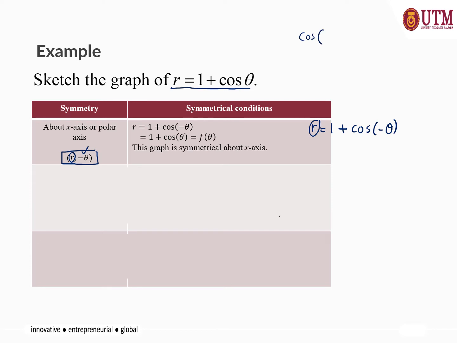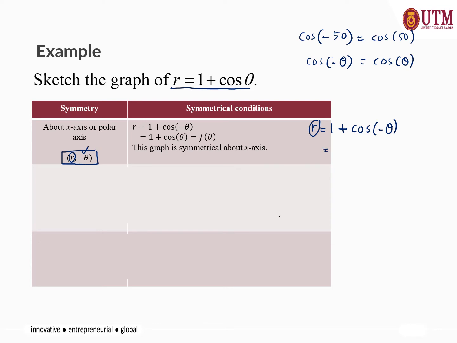If you try cos negative theta, for any value of theta, let's say negative 50, you can see that the value of cos negative 50 is equal to cos 50, which means that cos negative theta will always be cos theta.